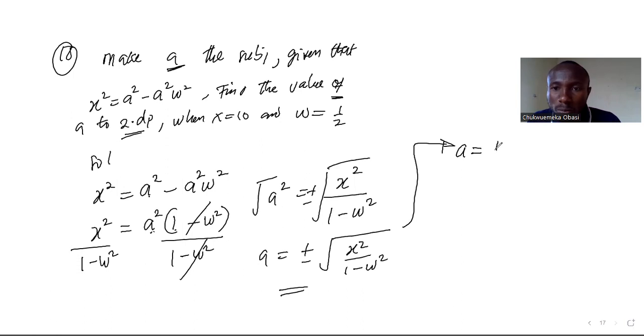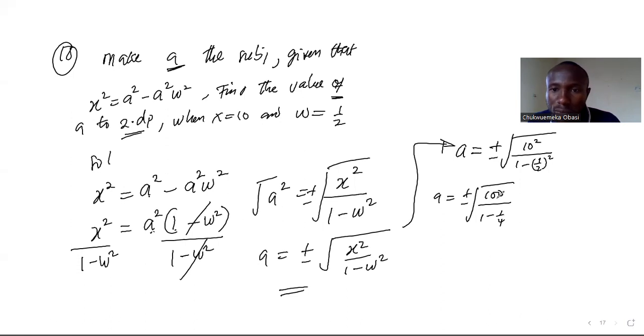So a will be equal to plus or minus the square root of x is 10. So here becomes 10 squared over 1 minus half squared, right? Half squared. So that will all give us plus or minus square root of 100 over 1 minus 1 over 4, right?